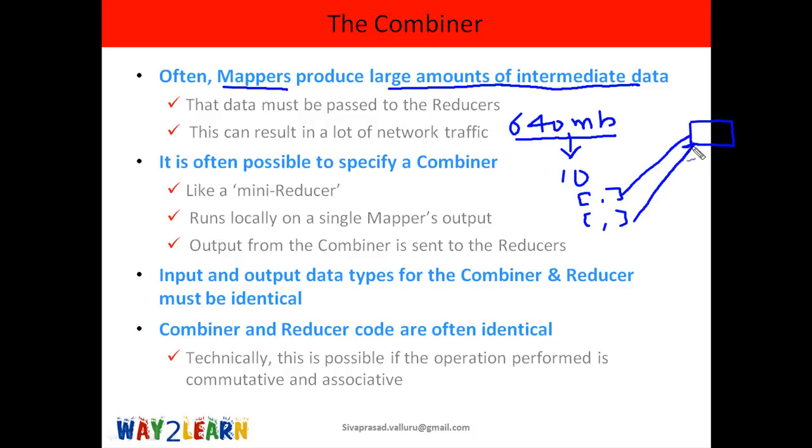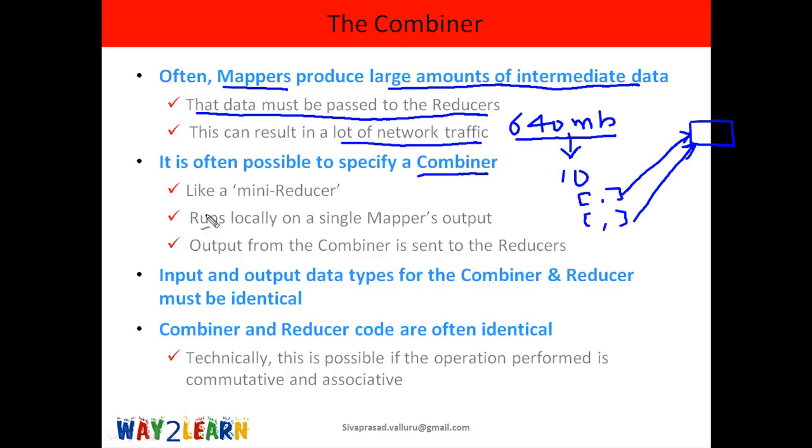So there will be a lot of network traffic, right? The data that must be passed to the reducer will be very huge if the output of mappers is heavy. This can result in a lot of network traffic, which will reduce the performance. So to increase the performance, we can use a combiner.